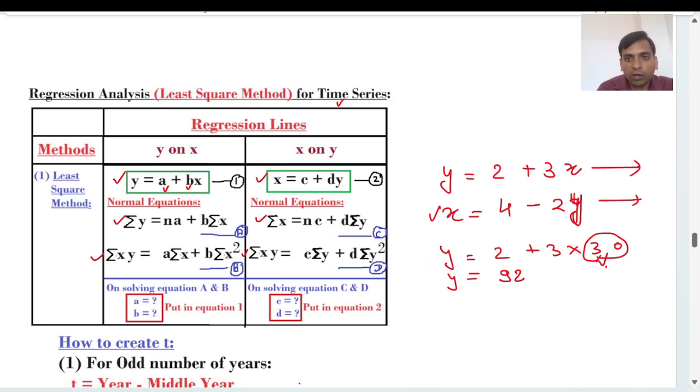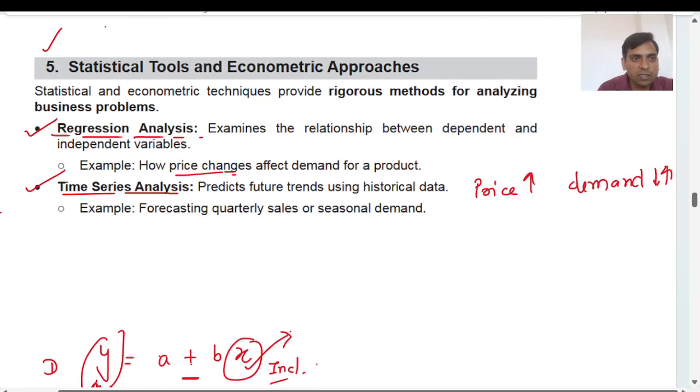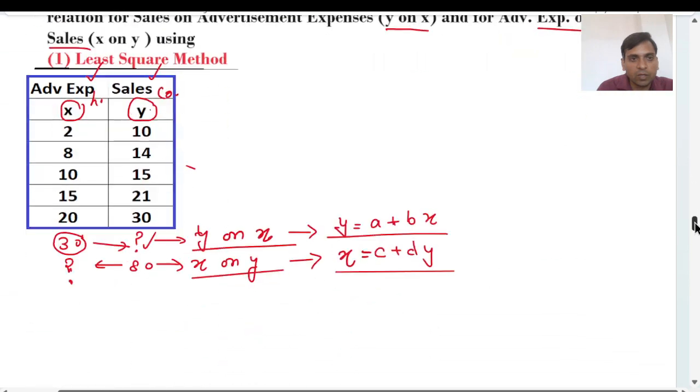Now we are talking about regression analysis for time series. There is the concept of time series: predict the future trends using historical data. So future trends and historical data are two basically important terms.